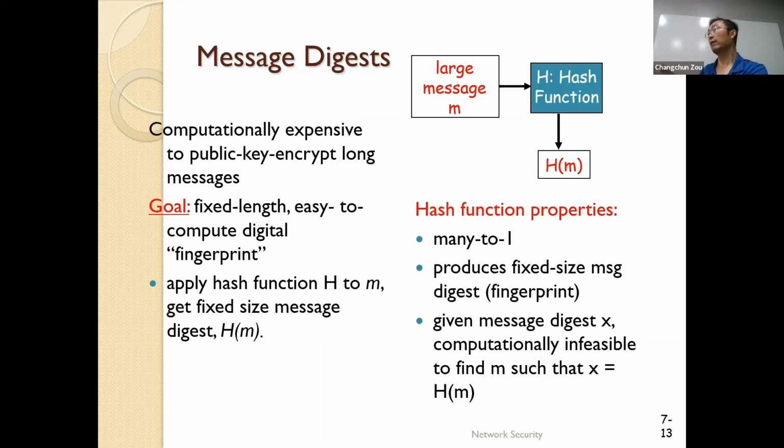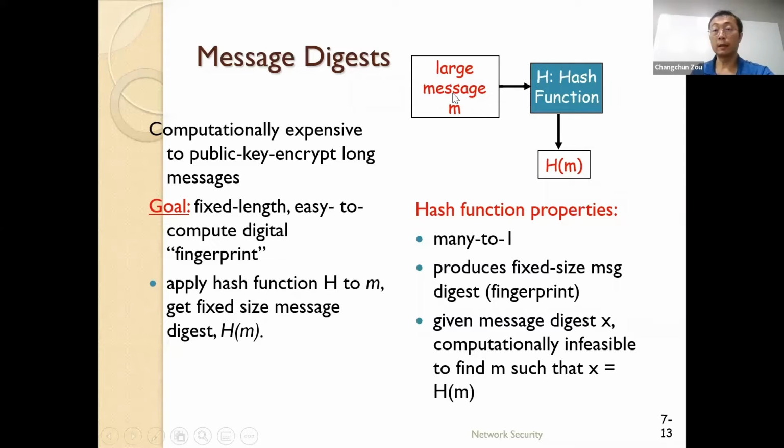But given one fish, it's impossible to find another fish in the ocean that's exactly the same, because the ocean is so big, there's no way for you to catch that particular fish. So this is the same requirement. Given a message X, it's computationally infeasible to find a message M such that it has the same fingerprint.